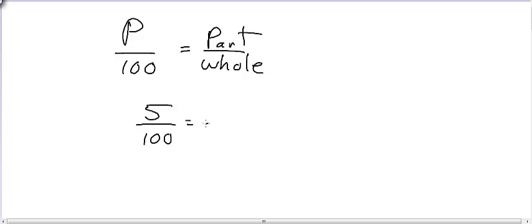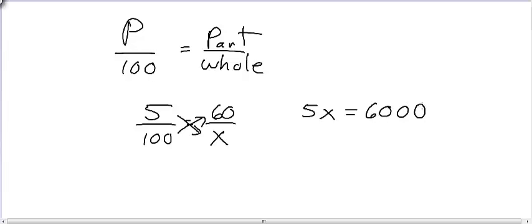Since the whole is unknown, the phrase following the of is what number, we put an x. 60 becomes my part. Now I'll cross multiply. 5 times x gives me 5x. And 60 times 100 gives me 6,000.